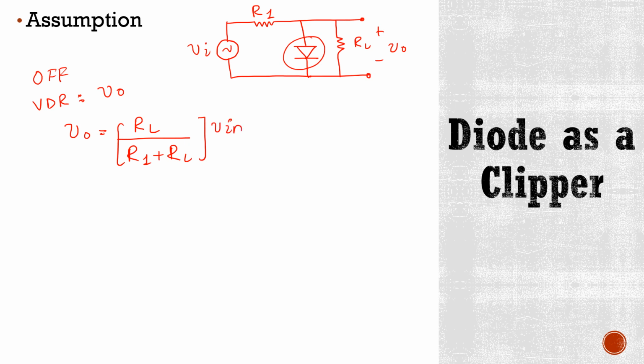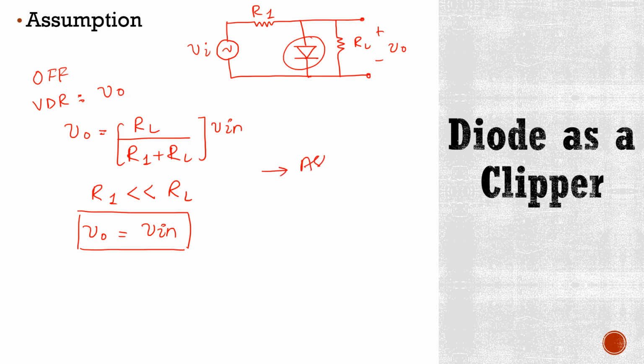Now, if R1 is very small compared to RL, then the output voltage will be equal to the input voltage. So we will use this assumption for solving our upcoming examples.